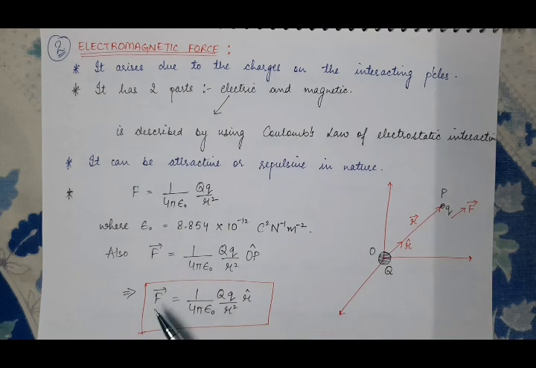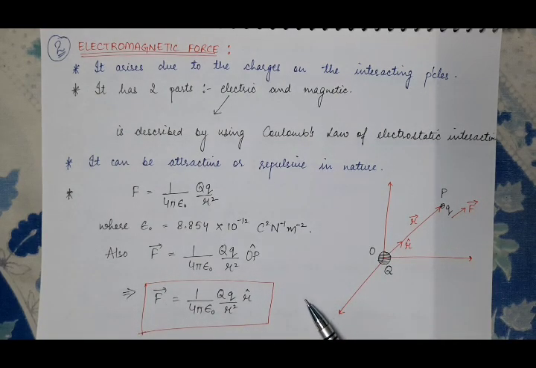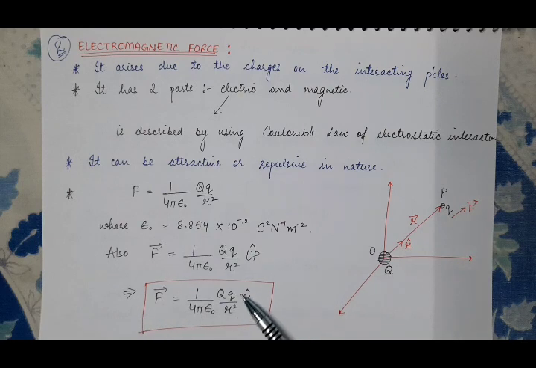So again, here what you can see is that this F will approach 0 only when this r approaches infinity. So again, this electromagnetic force is also a long range force, because this F approaches 0 only when the two charges are at infinite distance apart. And one another thing is that as this F is inversely proportional to 1 by r square, it is also an inverse square force.